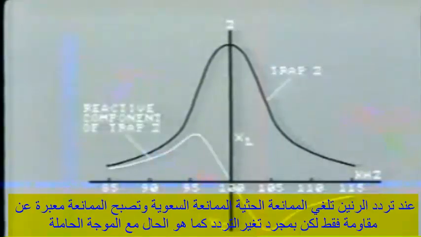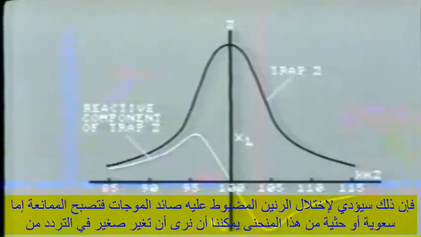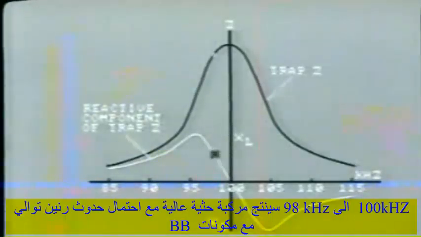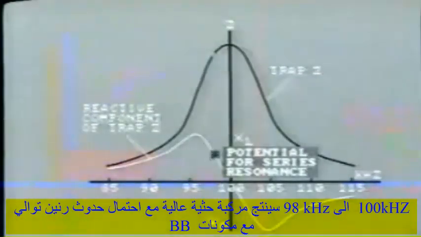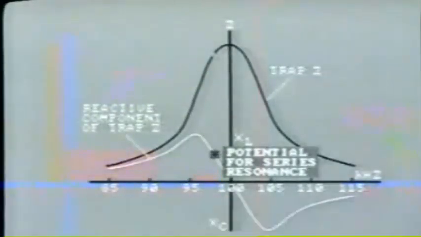However, as soon as the frequency is changed, as is often the case in carrier operation, the perfect parallel resonance of the wave trap will be disturbed, and it will become inductive or capacitive. From this curve, we can see that a small frequency change from 100 to 98 kilohertz will produce a highly inductive component with the consequent potential for series resonance with bus equipment.